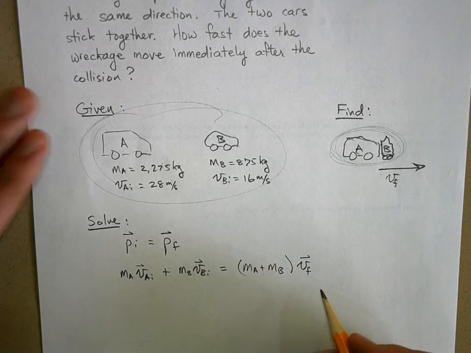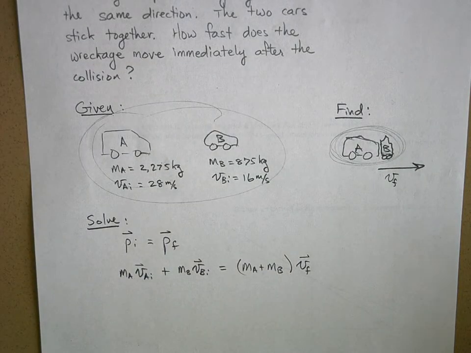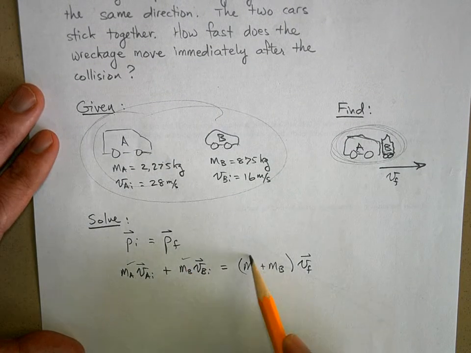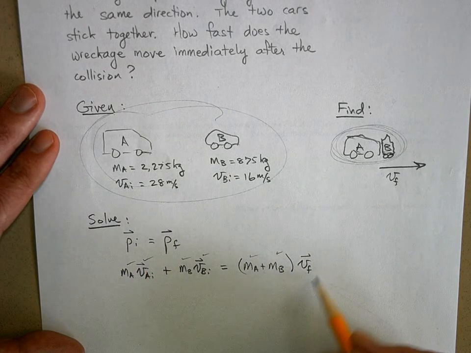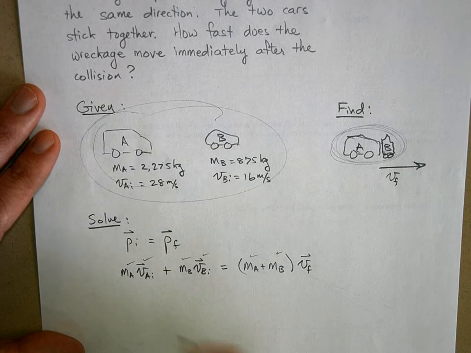So now I've got everything I need to solve the problem. I know what the masses are, that's given, and I know what the initial velocities are. This is the only unknown. So you solve for it.